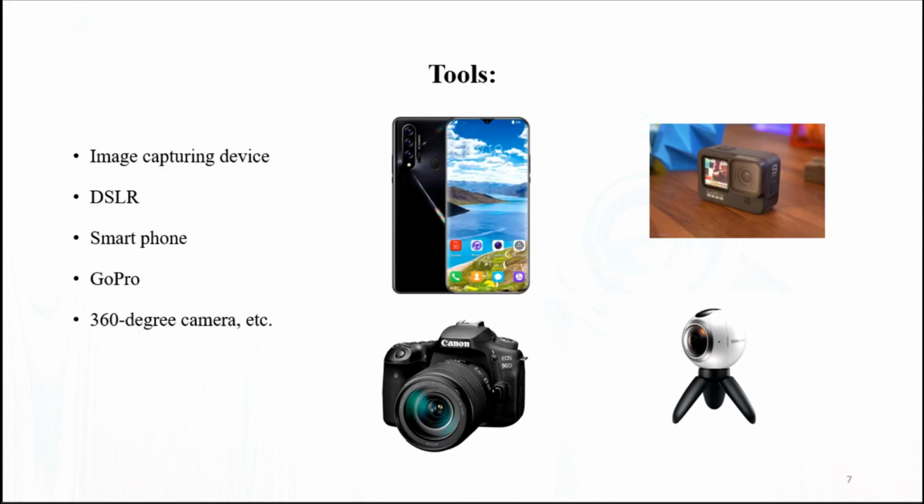So the tools that can be used, that is the image capturing device, are so vast. Any good quality image capturing device at your disposal can be used for photogrammetry. You can have DSLR, you can have smartphones, GoPros, 360-degree cameras, etc. All can be used for photogrammetry.